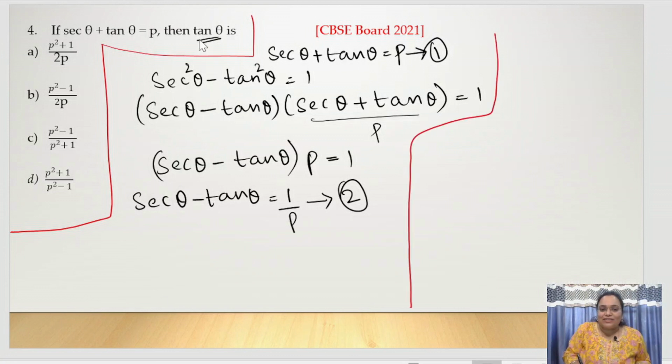They asked us to find tan theta. When you add 1 and 2, tan will get cancelled and you will get secant theta.